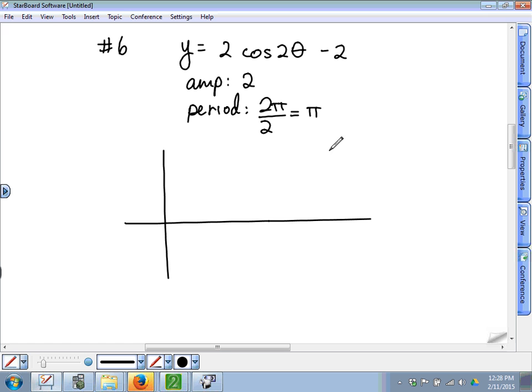Midline, where's the midline? -2. Down 2, okay. So there's the midline. We can mark up that midline now with the period. The period's pi. So there's the end of cycle 1. Cycle 2 is going to end at 2 pi.